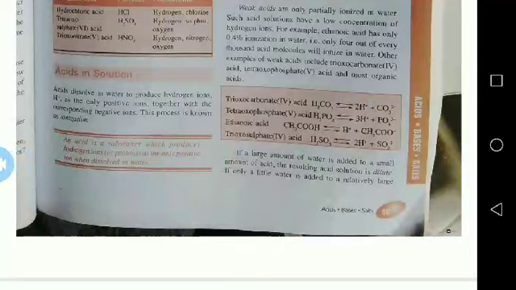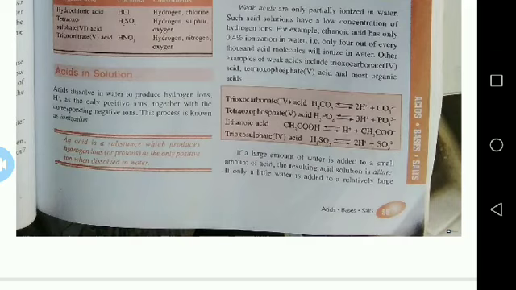And we say organic acids are obtained from plants or animal products, and examples are ethanoic acid from vinegar, lactic acid from milk, citric acid from lime and lemon, amino acid from proteins, fatty acid from fat and oil, ascorbic acid from vitamin C. And we looked at inorganic acids, which are obtained from the combination of chemical compounds.